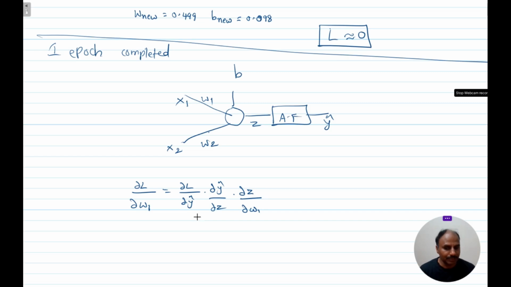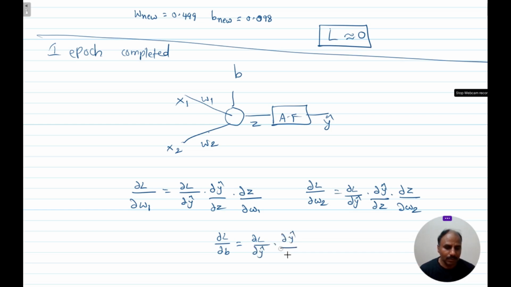And another one is ∂L/∂w2 equal to ∂L/∂ŷ, ∂ŷ/∂z, ∂z/∂w2. It's another weight. And the bias is common, only one bias. Therefore, ∂L/∂ŷ, ∂ŷ/∂z and ∂z/∂b.